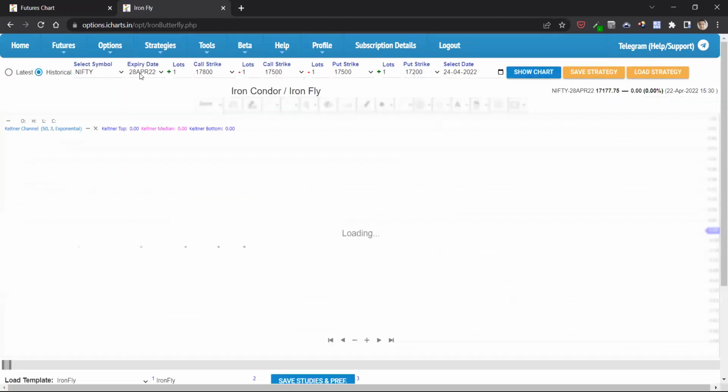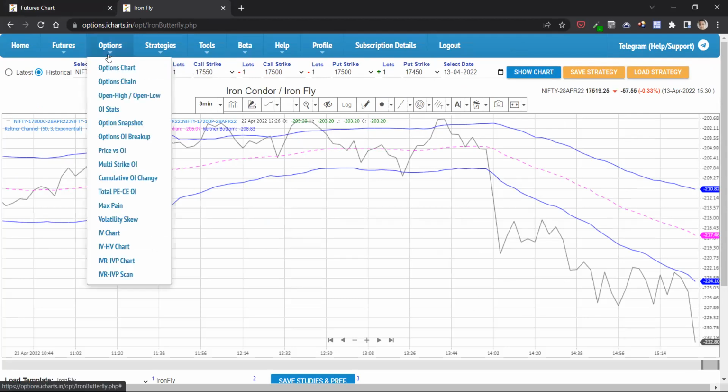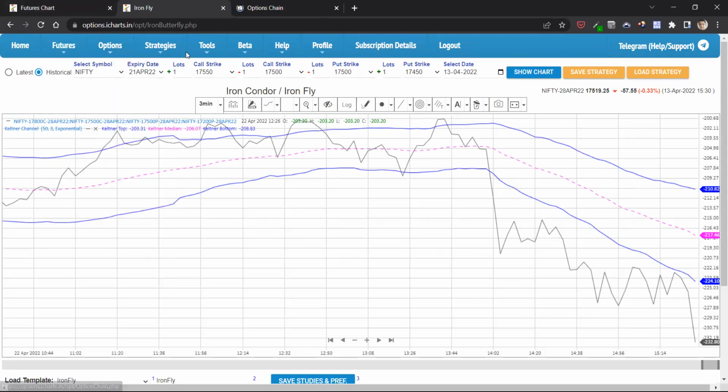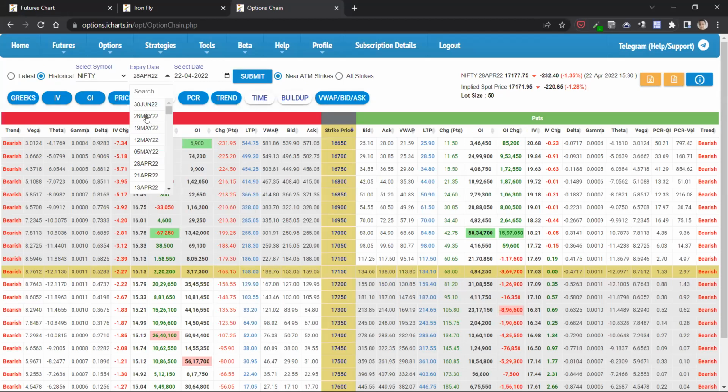Historical. Sorry, 21st, 17.5. Let me take a look at that. First expiry.